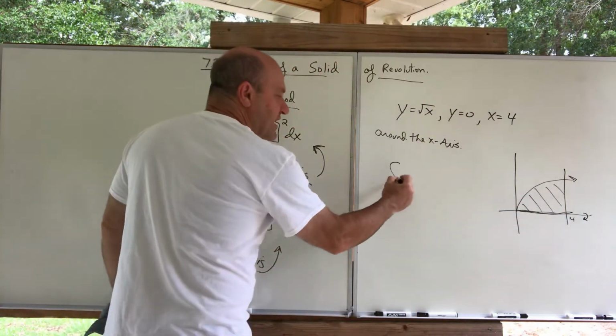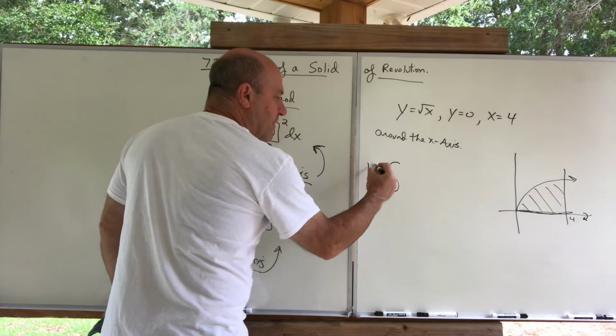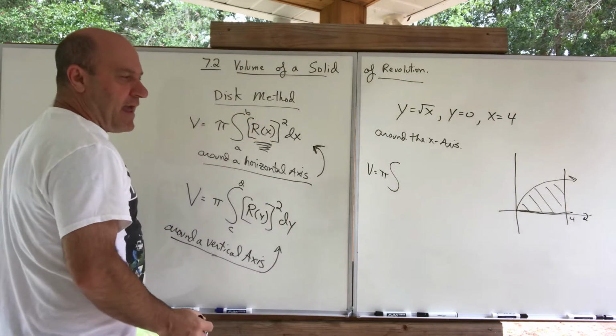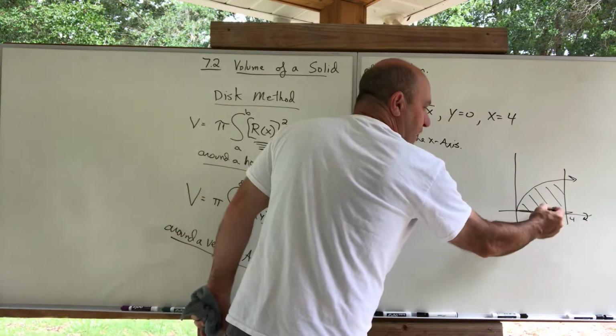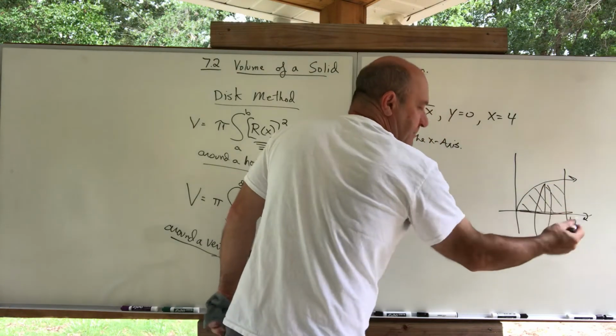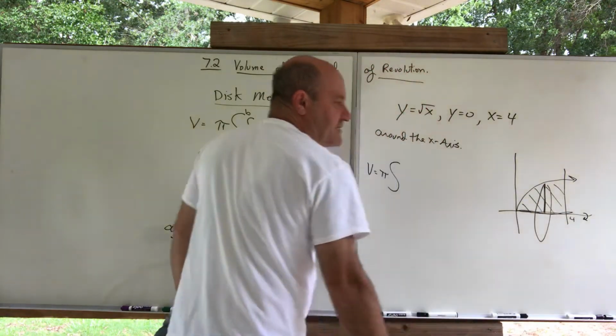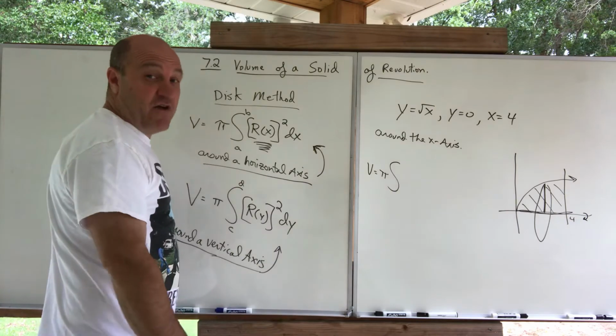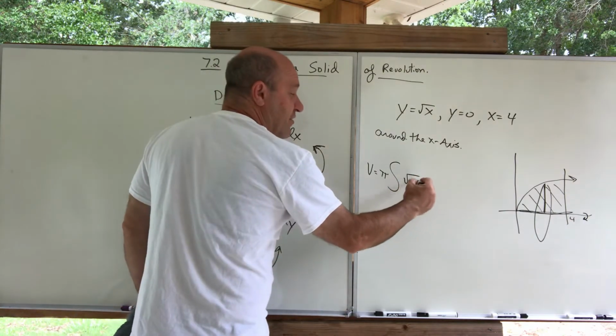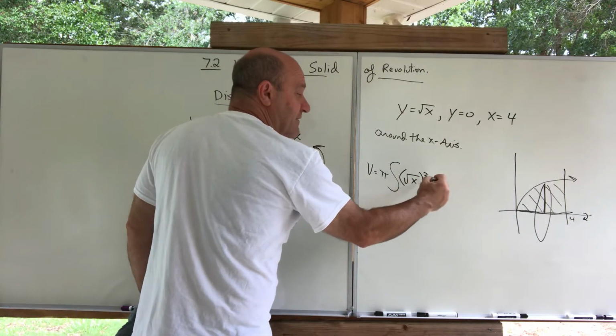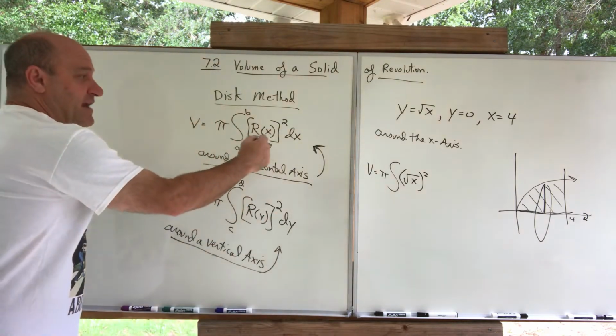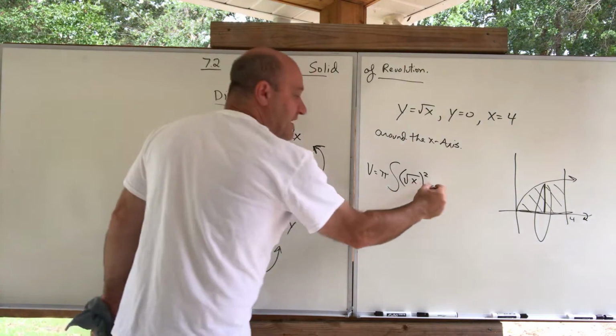All I've got to do is set up an integral, pi out front. I'm going to call this volume, and I need the radius of my disk. Here's an example of a disk, and here's the radius of the disk. The radius of the disk is the function, the square root of x, and I need to square it because it's the radius squared, dx.